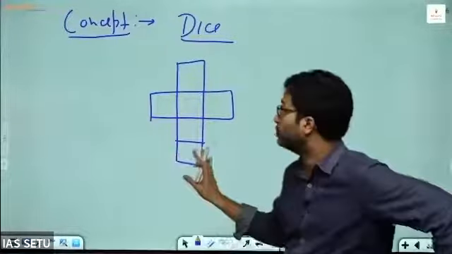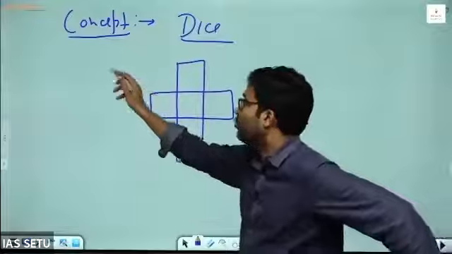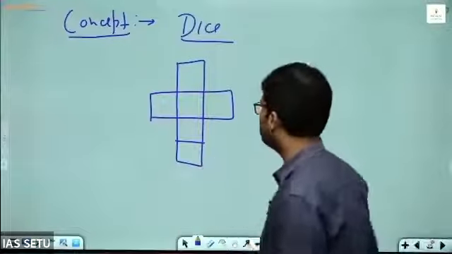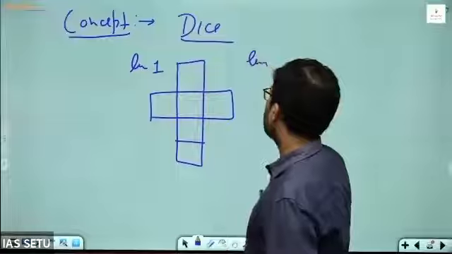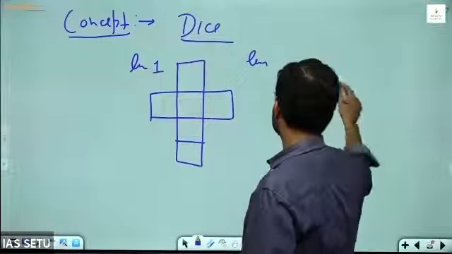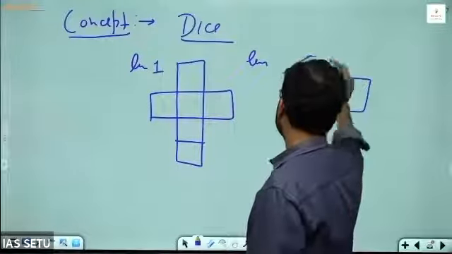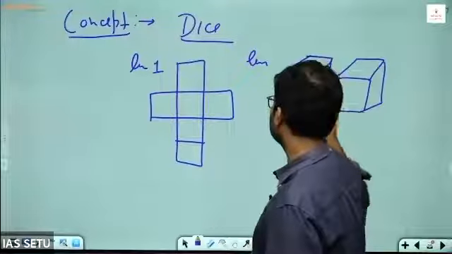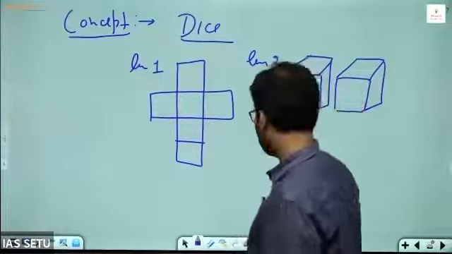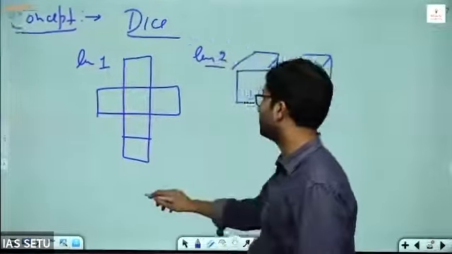These are very simple questions, so this is level 1 question. Next is level 2 question, where they give 2 dice, and you can use the master method or the short trick. That also you know how to handle.